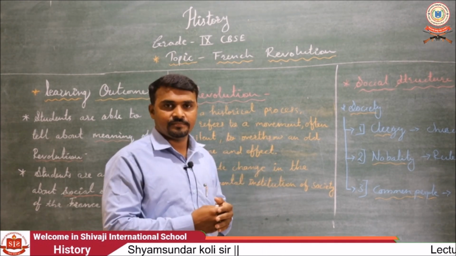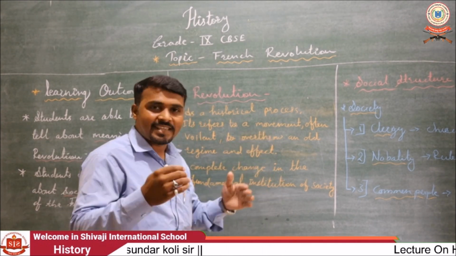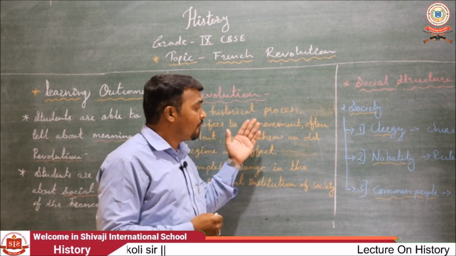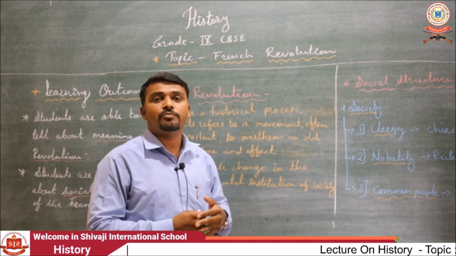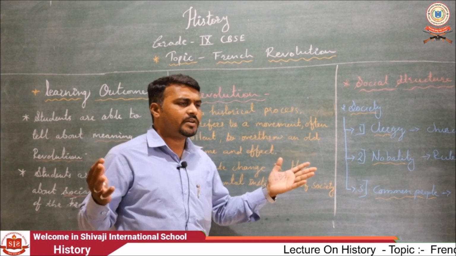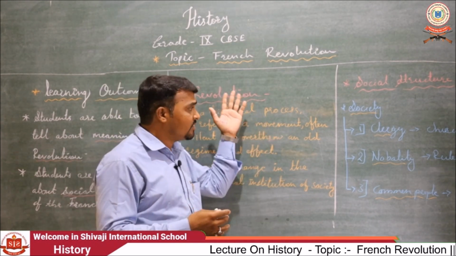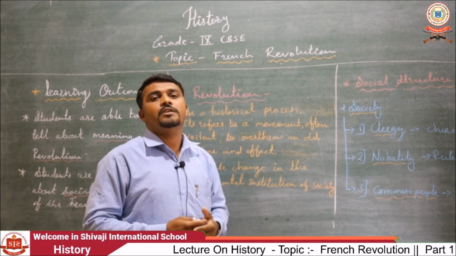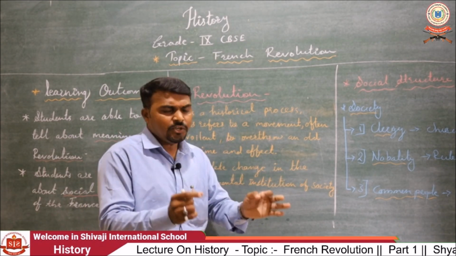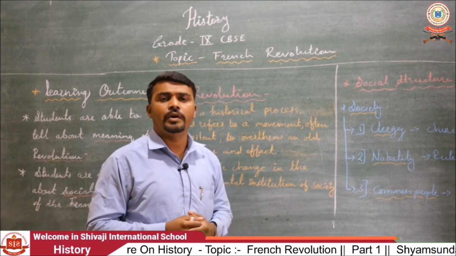The same here: the French Revolution, where different movements happened. Most countries learn from the French Revolution, because this is the world's first such kind of revolution, which needs to be learned all over the world.